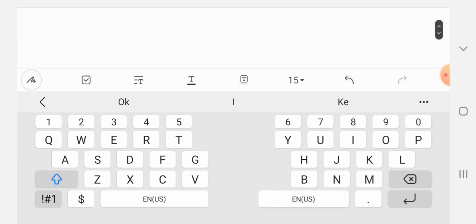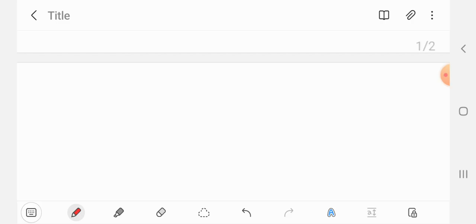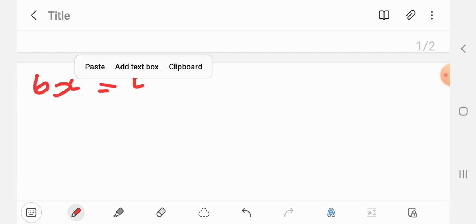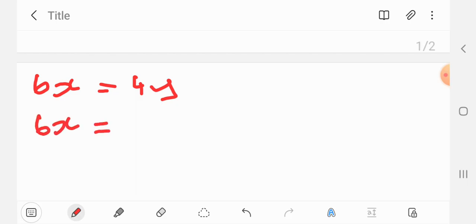All right, so let's continue. Now we'll use 6x equals 4y. So wherever we see y, we'll write 5 minus x. So 6x equals 4 into 5 minus x.